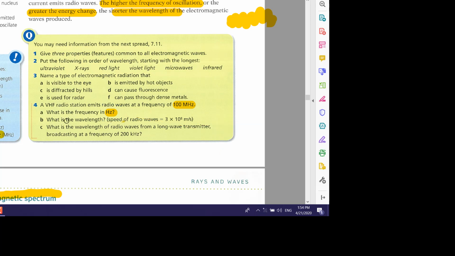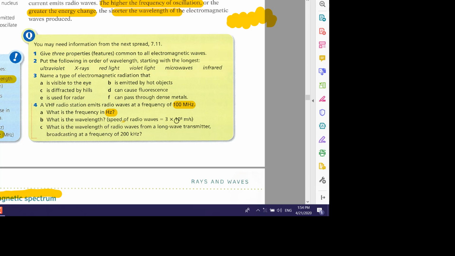B, what is the wavelength? The speed of radio waves is 3 times 10 to the power of 8. To find the wavelength, we can use this equation: speed equals frequency times wavelength. Speed, we have it. It's 3 times 10 to the power of 8.